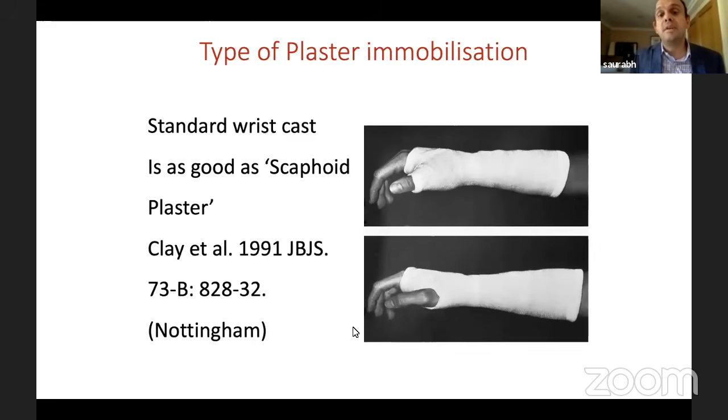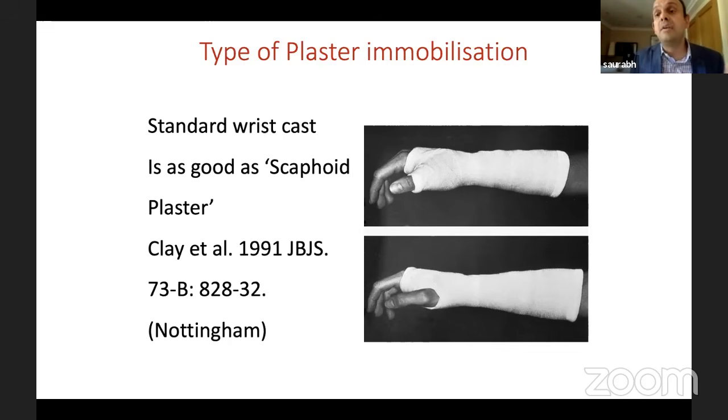Plaster immobilization, that's another question that can come up. Do you want to give your patients a Colles type cast or a scaphoid type cast? Or is it going to be an above elbow or a below elbow? So the answer is it's going to be below elbow, and it's going to be a Colles type cast. The reason being, with Colles type cast, as you can see, patient can mobilize thumb.